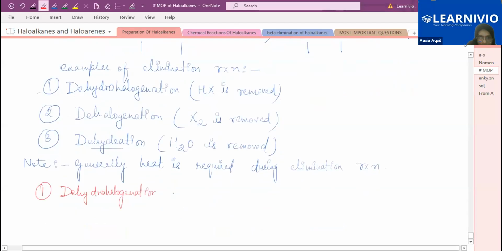What is dehydrohalogenation? Basically, हमें HX को remove करना है. HX is removed. Just remember that.